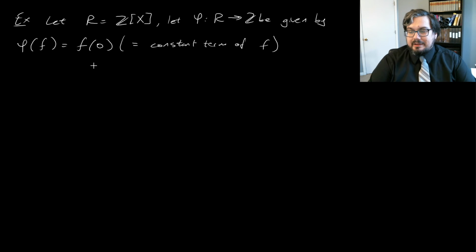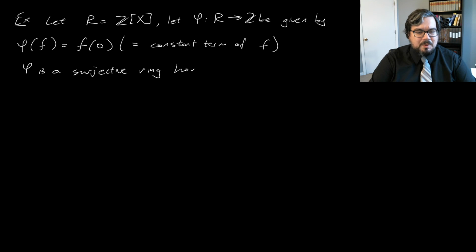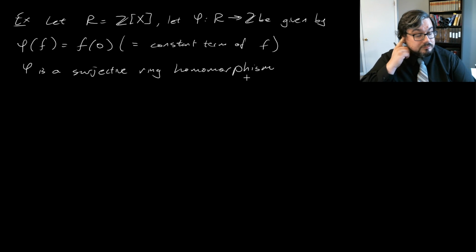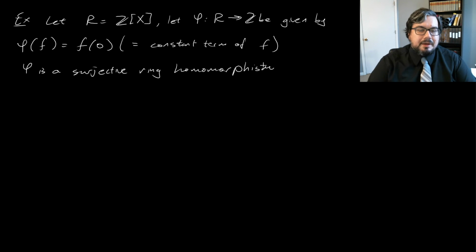Phi is a surjective ring homomorphism, and that's fairly easy to work out and see. And so that means that we can apply the first isomorphism theorem to it. And to do that properly, we want to know what the kernel of phi is.